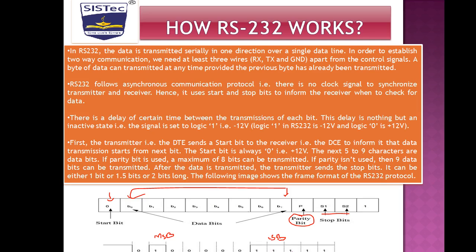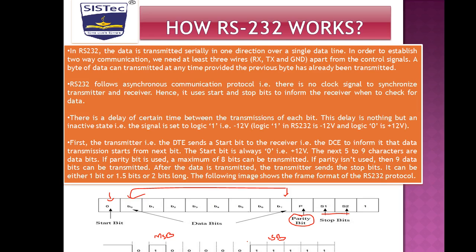That means our parity bit is set to 1, while we have 2 stop bits, 1 and 1, and this is our 8-bit data, 10000011.